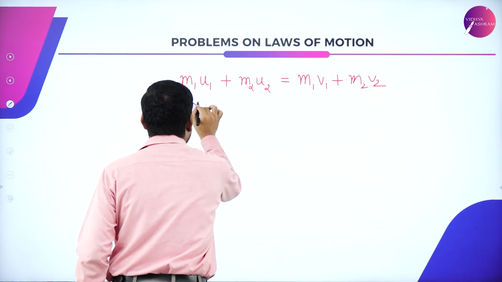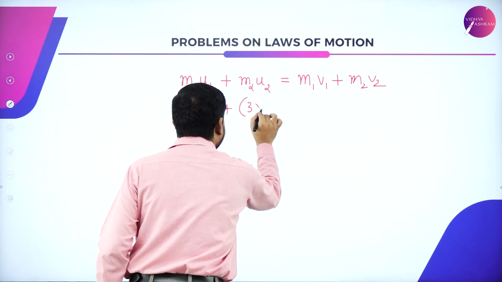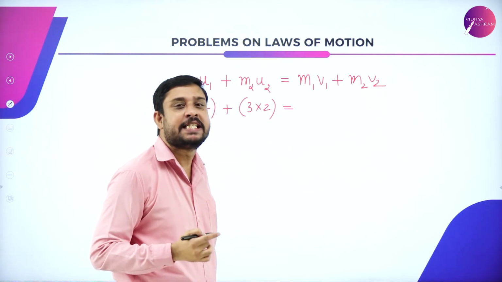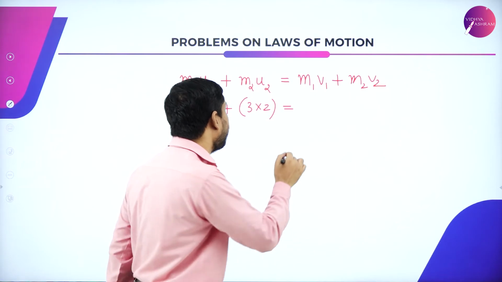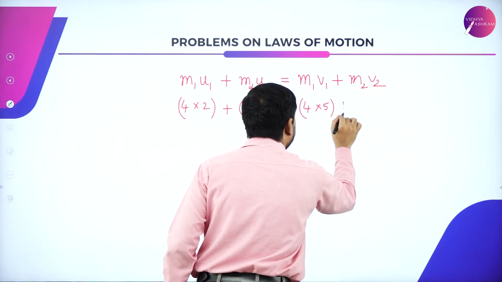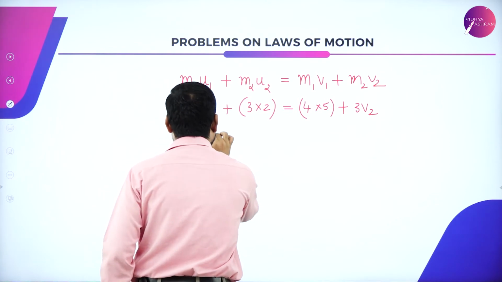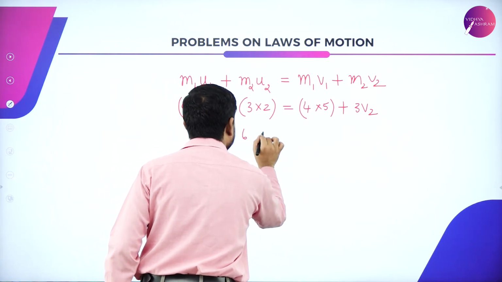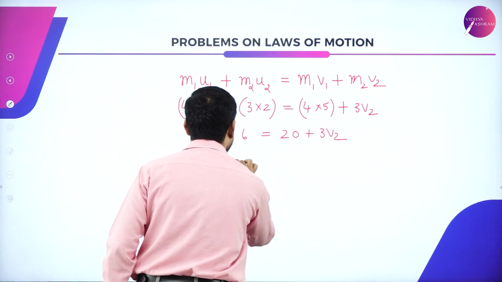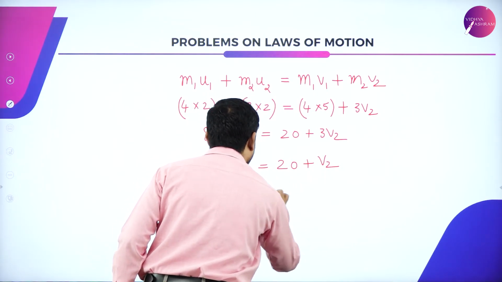This is 4 into 2 plus 3 into 2 equals m1 after collision, mass of the higher fragment, 4 into 5, plus 3 times v2. This is 8 plus 6, which is 14, equals 20 plus 3 v2.